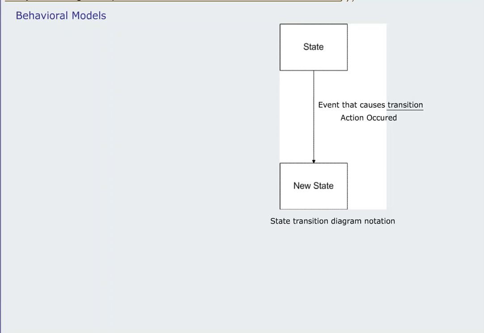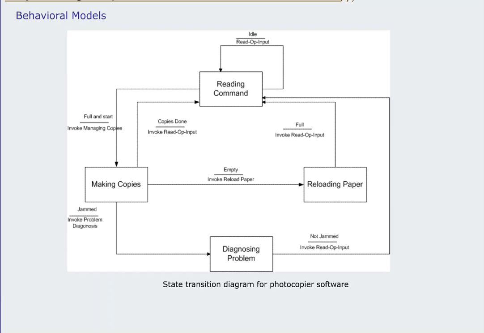For example, it reads users' input, makes copies, reloads paper, performs problem diagnosis, etc. There are 4 states in which photocopier machine software can be. Number 1, reading command. Number 2, making copies. Number 3, reloading paper. Number 4, diagnosing problem.